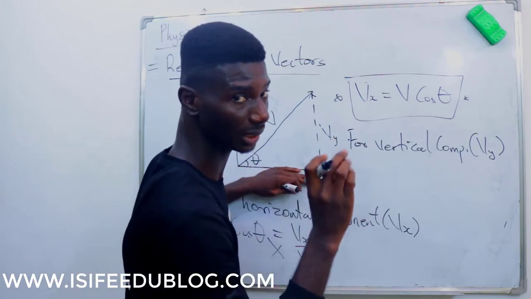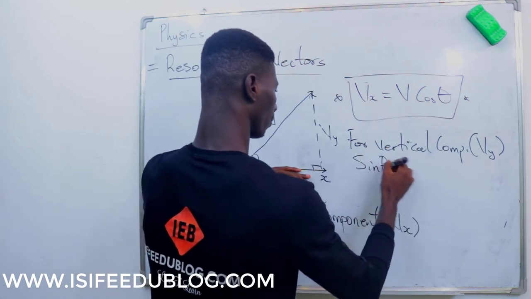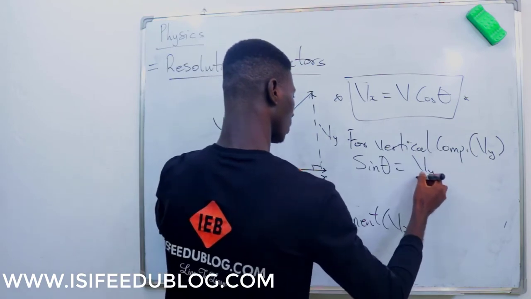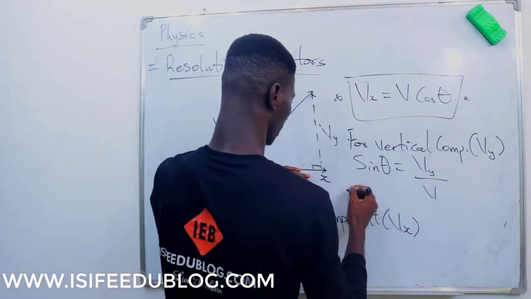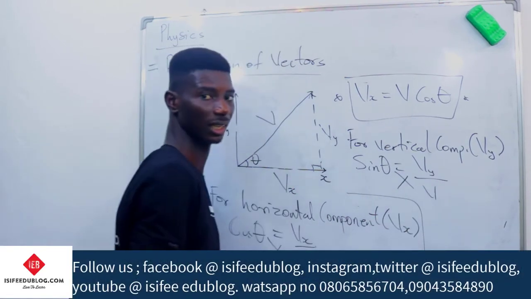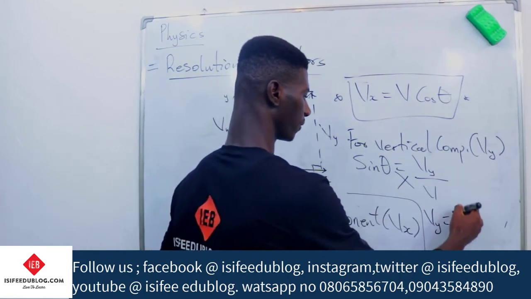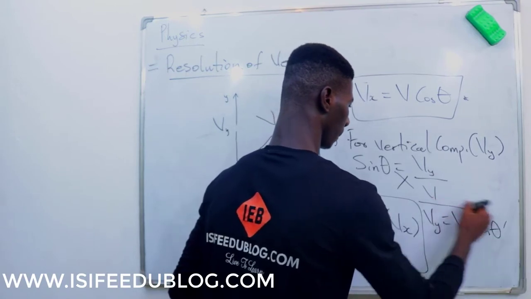In scalar tool, that is sine. So we are making use of sine theta is equal to our opposite, the vertical component, over the hypotenuse, which is V. So if I cross multiply, our vertical component V sub y becomes V sine theta.